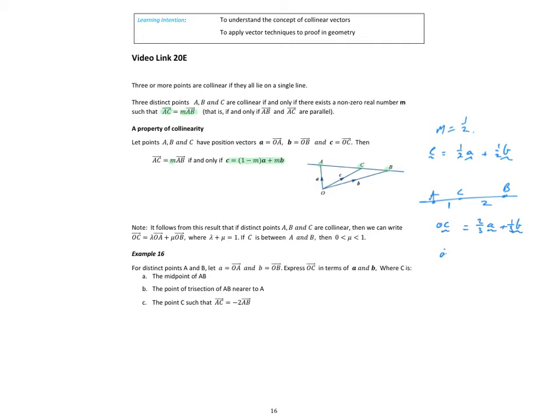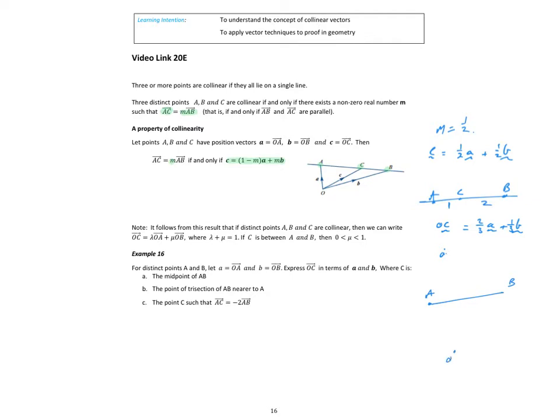All right, so that's a nice rule to remember when we're working out different vectors, but as I said, there's ways and means around that. So let's have a look at this particular example. We've got vectors A, B, and C. We've got A, B, and our point C will be somewhere.